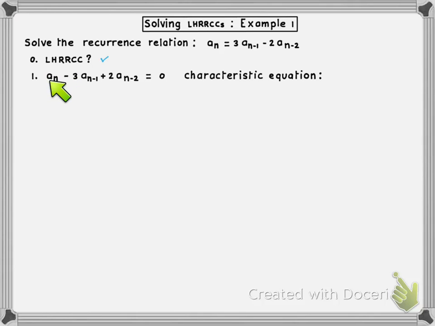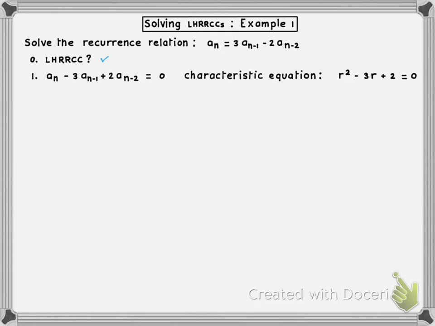Remember, we need to replace n by the order of the recurrence relation. Here the order is 2, so we can have r squared minus 3 times r to the power 1, because 2 minus 1 is 1, plus 2 times r to the power 0, which is 1, because n minus 2 is 0. So here is the characteristic equation of this recurrence relation.